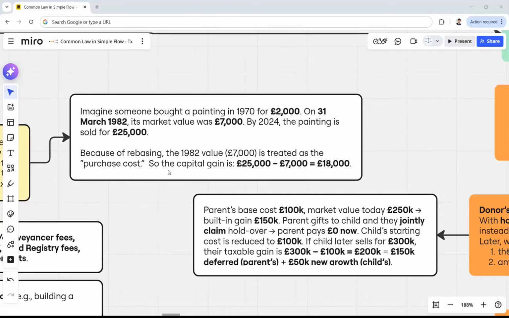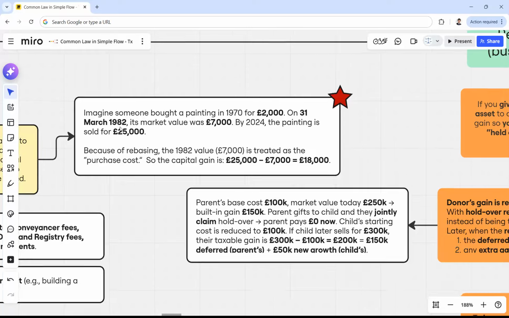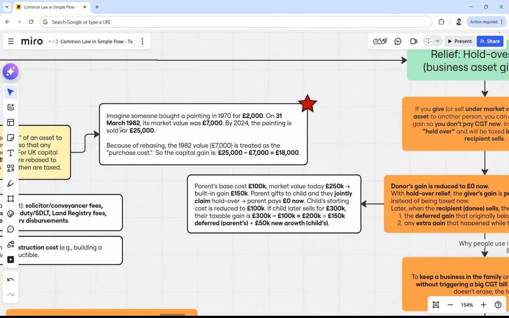So the capital gain is £25,000 minus £7,000 and not £2,000. Your gain will be £18,000. So it will reduce your gain, which is actually better for you. And this rebase, you just need to remember that on this year, the original purchase price of your asset changes.